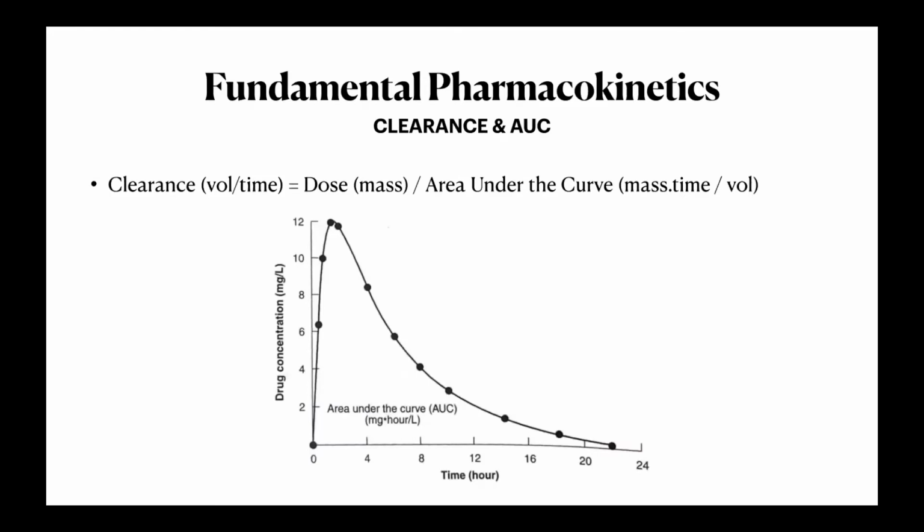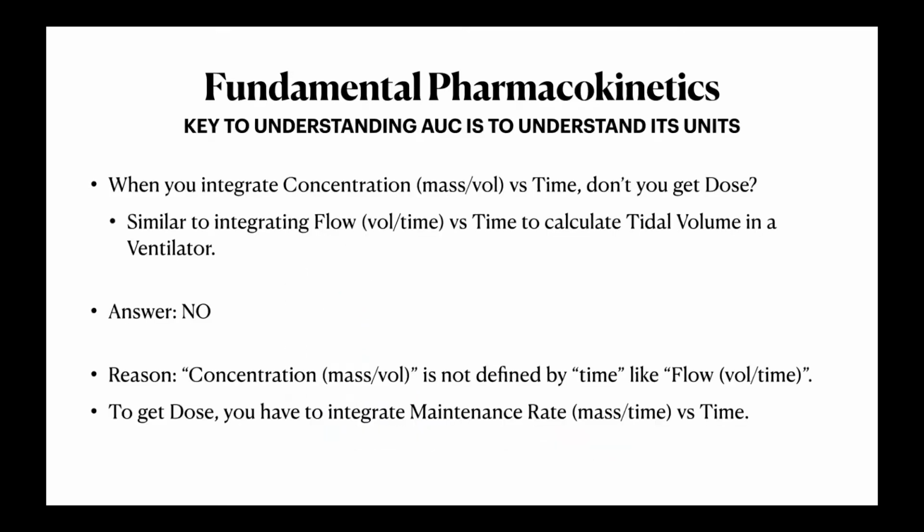Now, the other way to calculate clearance is with this formula. So it's dose divided by the area under the curve, okay? And the area under the curve has units of mass time divided by volume. This curve is actually a little bit confusing.